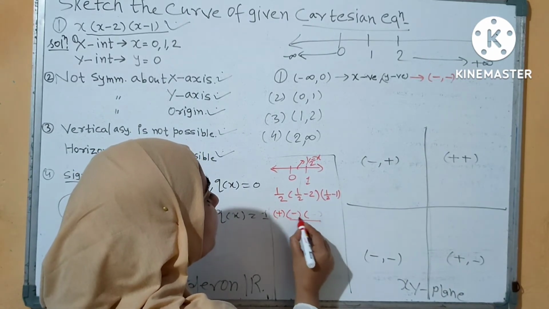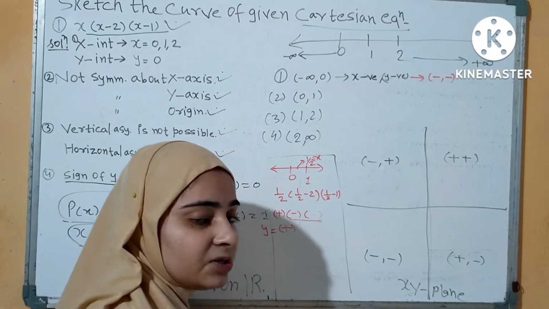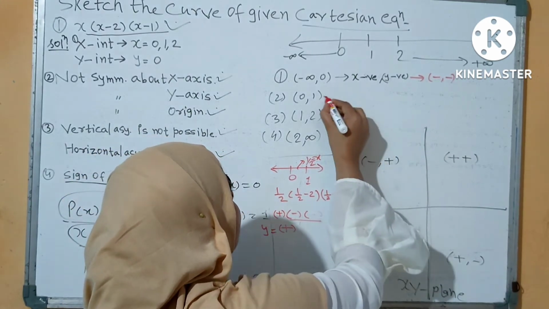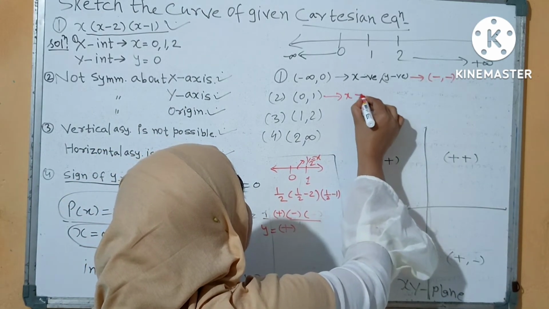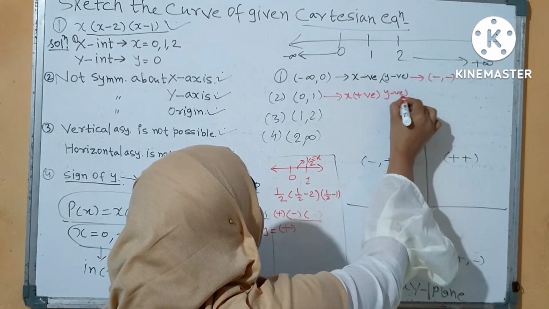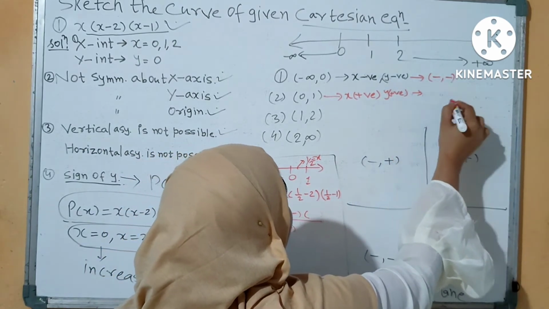So you are left with positive, negative, negative, which is positive. Understand? So your y will be positive. Here x is positive and y is positive, so you are in the first quadrant.